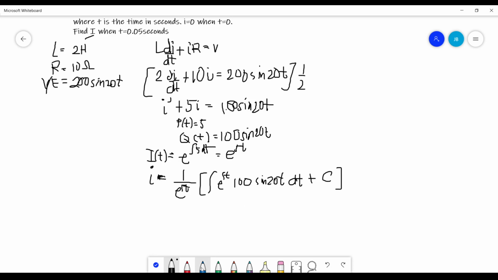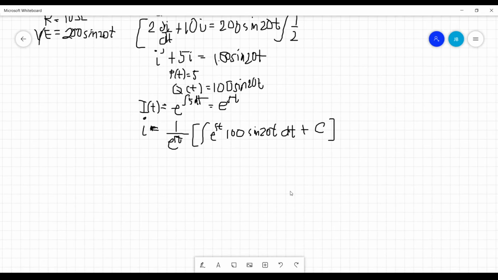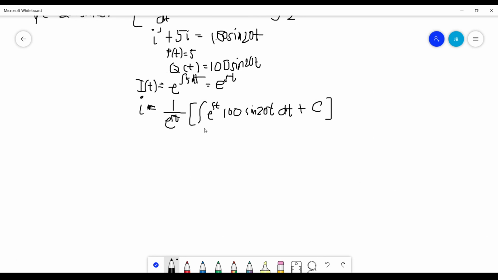Okay, so look guys, the problem here is that we should have a very good foundation in integral calculus, because this is integration by parts. So in your exam, you should show your solution.